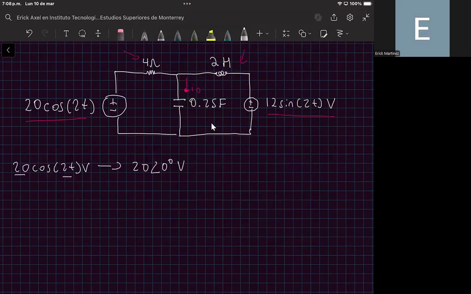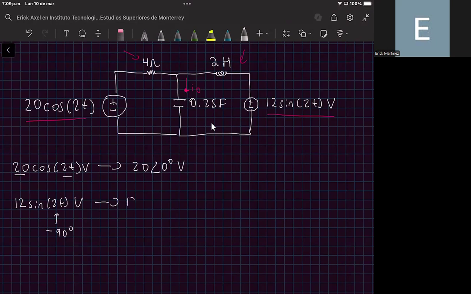And also we can convert the 12 times the sine of 2 times t volts source into the phasor domain. Well, first we need to convert the sine wave into a cosine wave. And remember that we need to subtract 90 degrees from the argument.